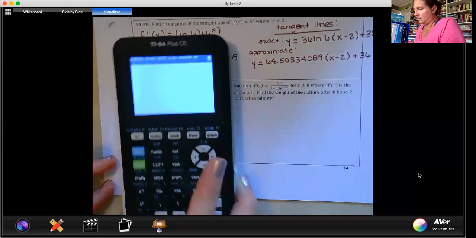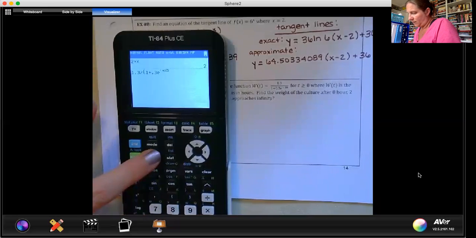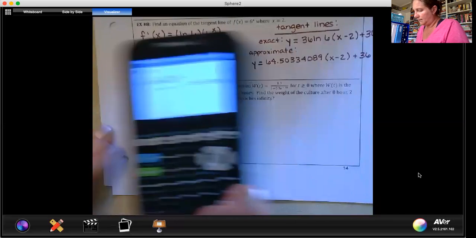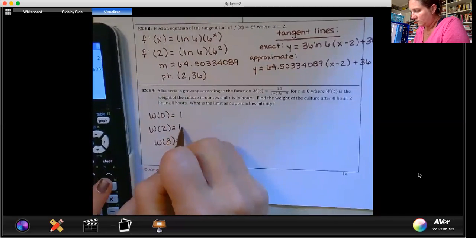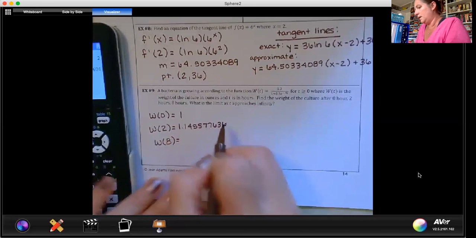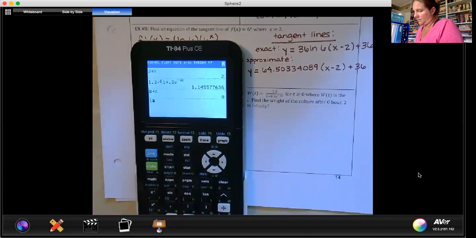But for these others, I'm going to store the 2, 1.3 divided by parentheses, 1 plus 0.3 e to the negative 0.4x, and I get this value, which I'm going to write down for W of 2. And then store the 8 and type in your same function.